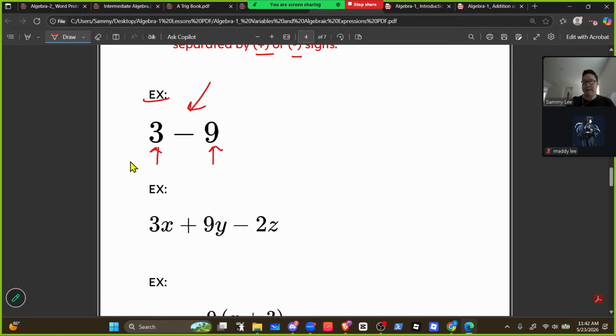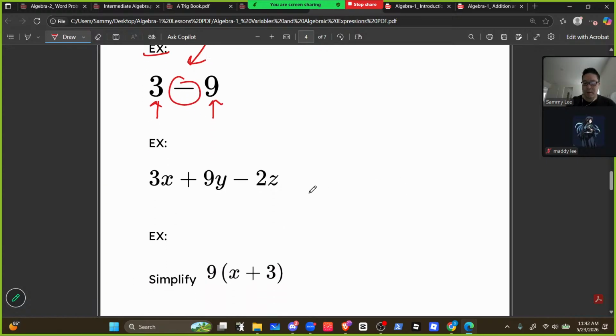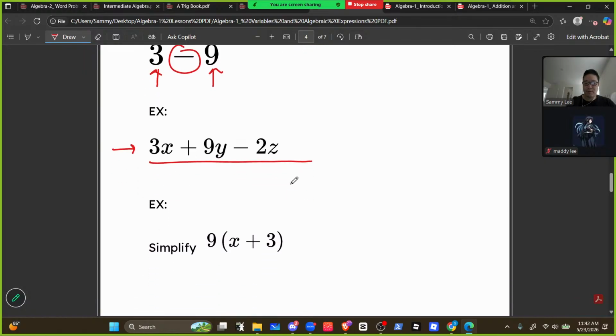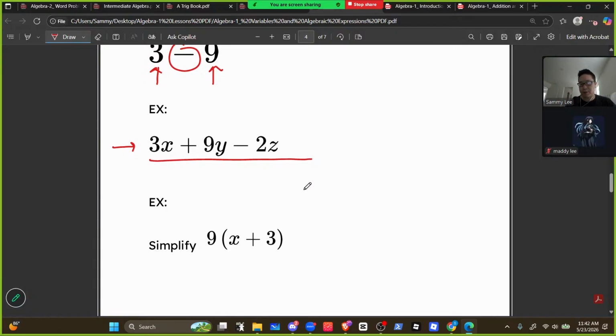It doesn't look like an algebraic expression, but it is, okay? Because there are two constants and there's a minus sign in between. What about this one? Is this an algebraic expression? Yeah. Anything with variables and coefficients and they're being added, subtracted, etc., is an algebraic expression.